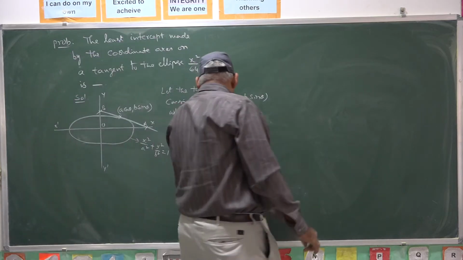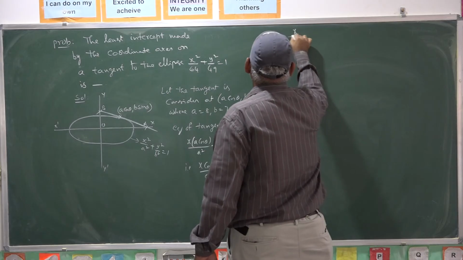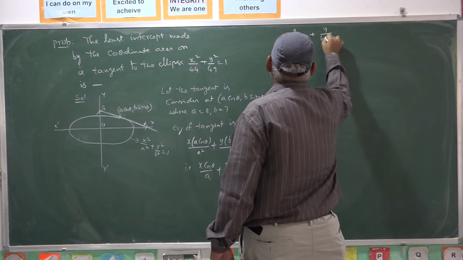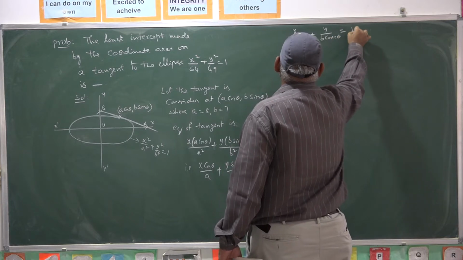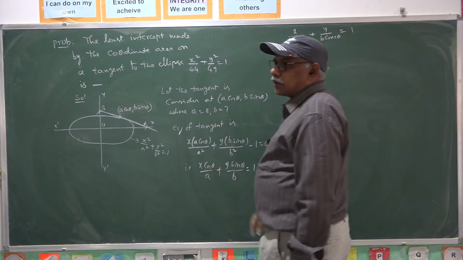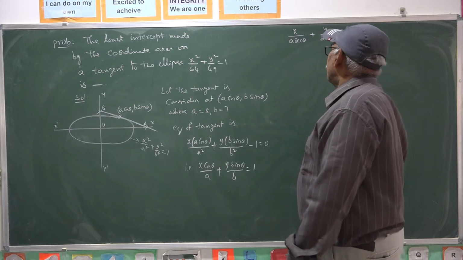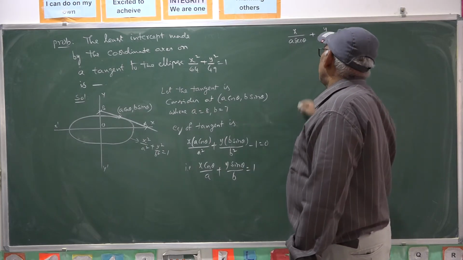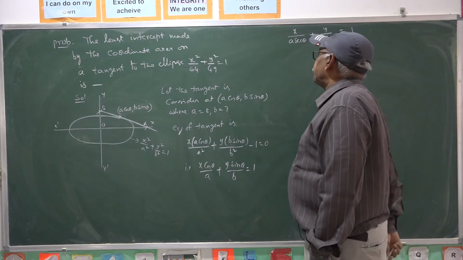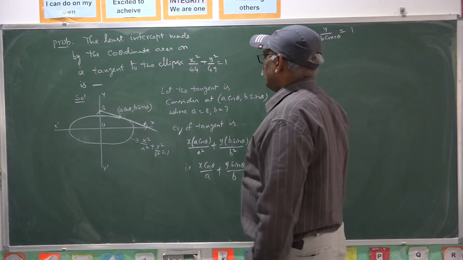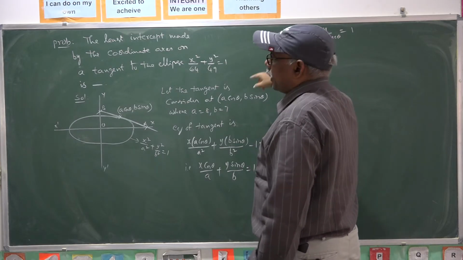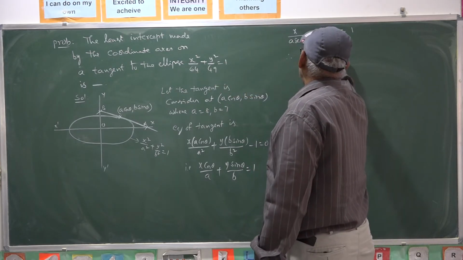Now, it can be written as x by a secant theta plus y by b cosec theta equal to 1, because once you take this cos theta to the denominator, you get secant theta. Similarly, sin theta, once it comes to the denominator, becomes cosec theta. So OA, the x-intercept made by the tangent on the coordinate axis, is a secant theta.